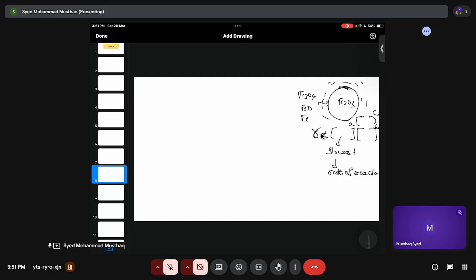So whenever the carbon dioxide comes, there is a concentration gradient. At the surface the carbon dioxide concentration is high, but at a further point, the carbon dioxide concentration is very small.